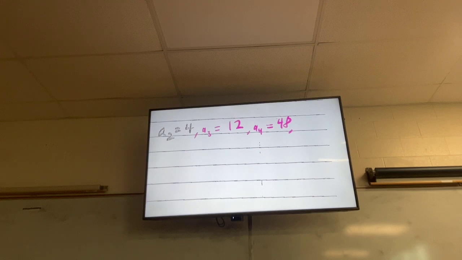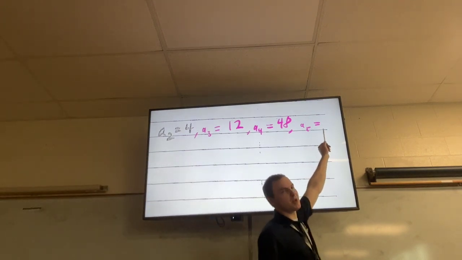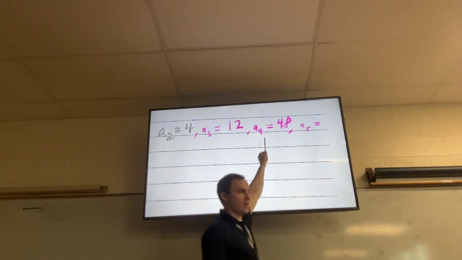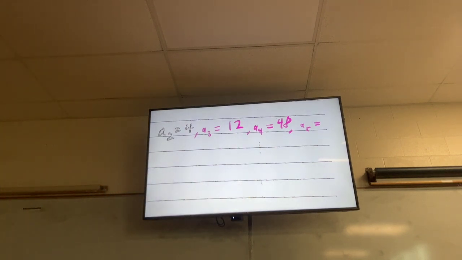That's not Fibonacci, that's where you add them. And then what 2 numbers am I going to multiply together to get this 5th term here? The 12 and 48. Does that make sense? Okay. 12 times 48 is 576.